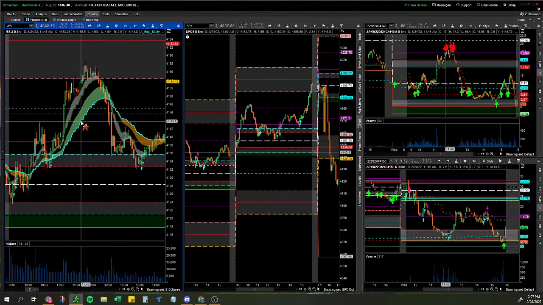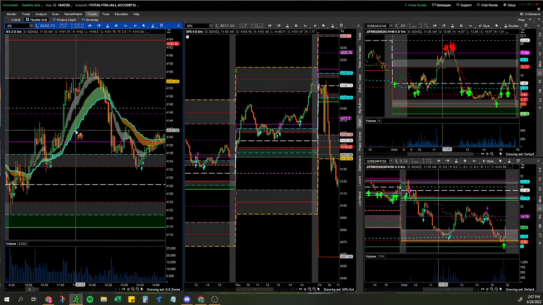So I use this cloud to help gauge trend. It's just moving averages. That's all moving averages are really meant to do. It's to help you gauge trend, give you an idea of when we pull back, where we could bounce. And if you guys are ever interested, I spent probably a month deep diving into all of the mathematics behind moving averages to understand them very well.